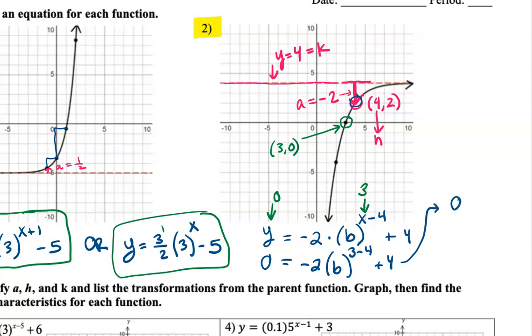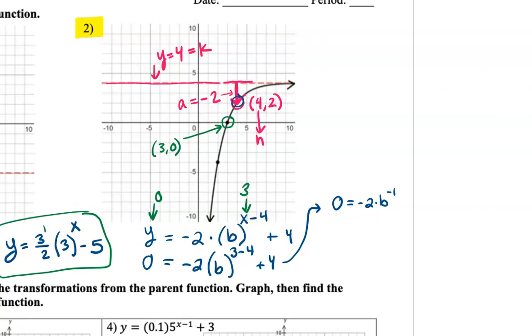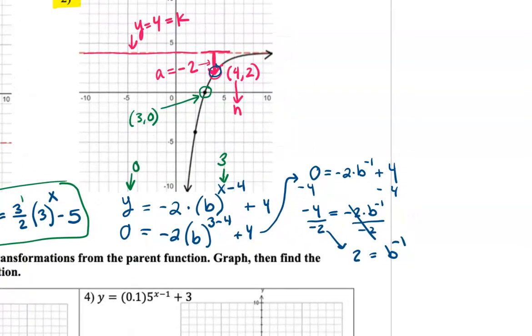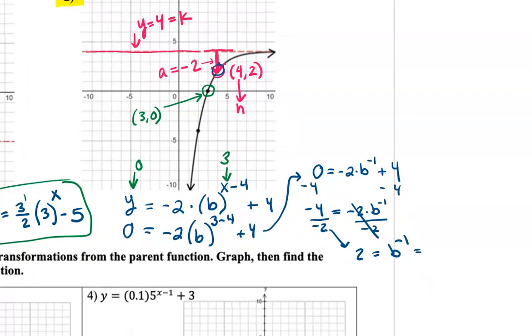So I get 0 equals -2 times b to the power of -1 plus 4. And then I can subtract 4 to the other side. I can divide both sides by the -2. And then I have to remember what it means to have b to the power of -1.